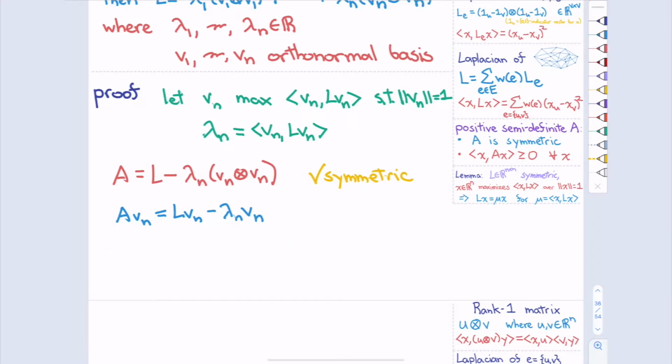We've already established at this point that Vn is the eigenvector with eigenvalue lambda n. This we know from our previous lemma. Okay, good.